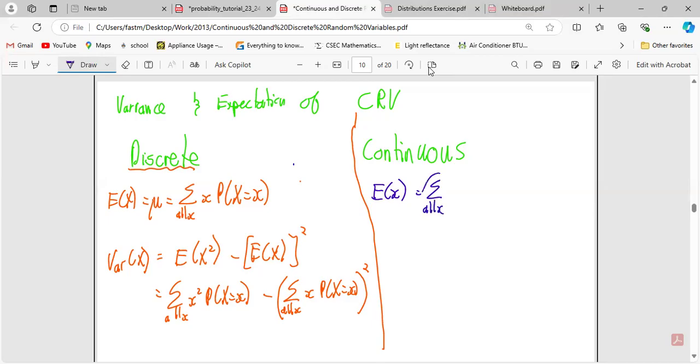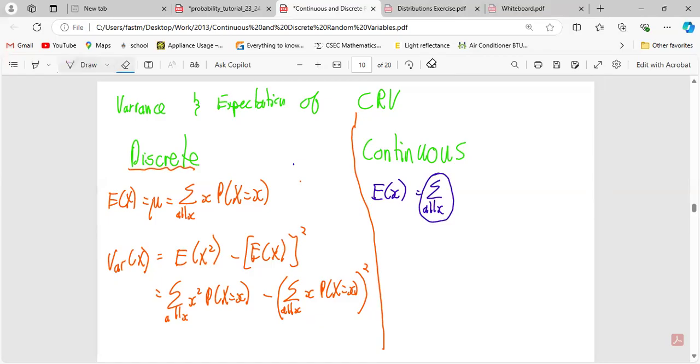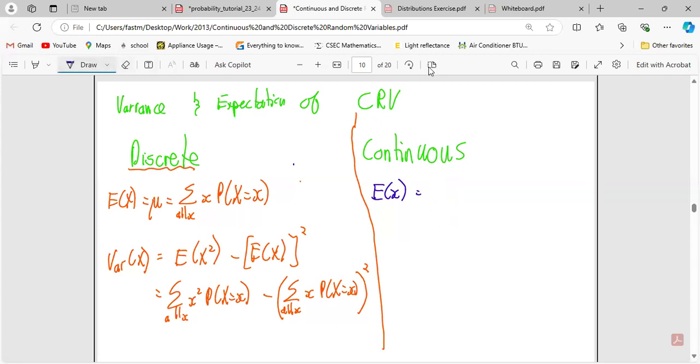Well, this part here is our problem, right? It has no sum anymore for discrete. For continuous, sorry, because you integrate now. So you're going to remove that. And you're going to write x, the same x as before. And now we're trying to get the probability. So you have to integrate to get the probability. So we'll be integrating all x.